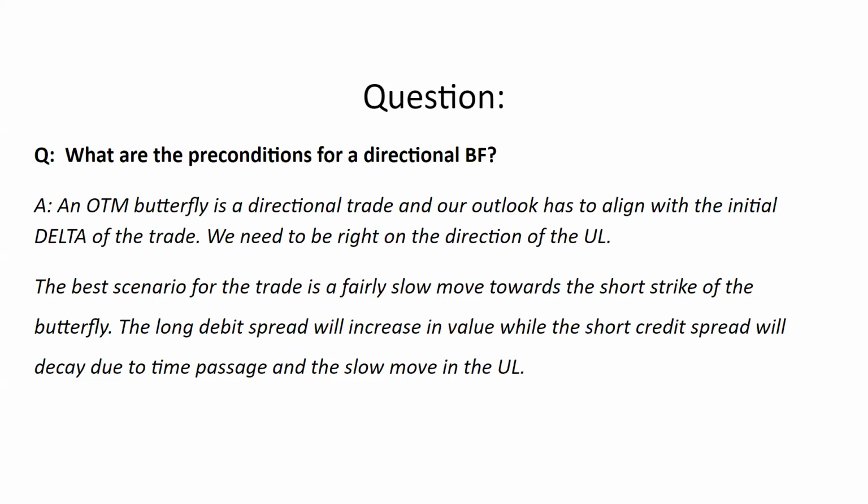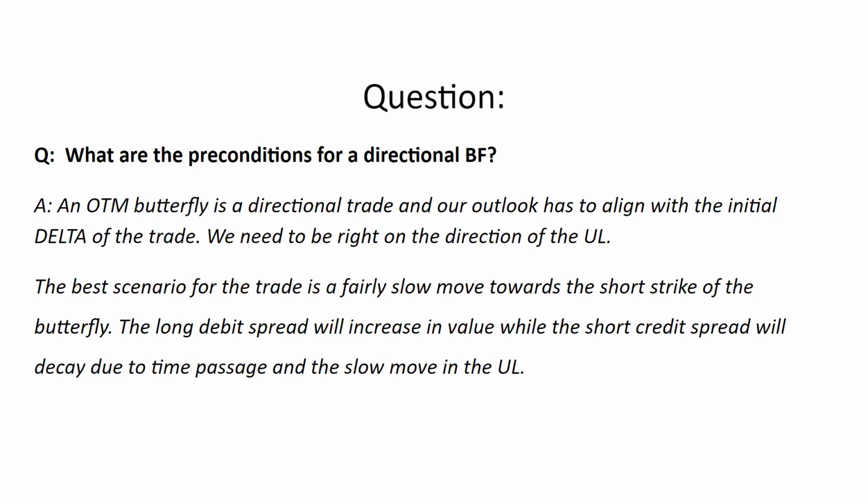If we're putting in an out of the money call butterfly because we're bullish and the stock or ETF or whatever it is that we're using is going in the opposite direction, it's not the butterfly's fault that it's not working. And I think that we just need to reconsider our trade altogether. If we're bullish and we're placing a trade out of the money to the upside and the stock is moving down, clearly we're wrong.